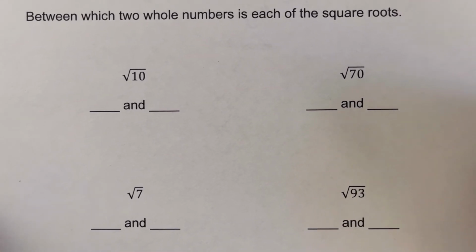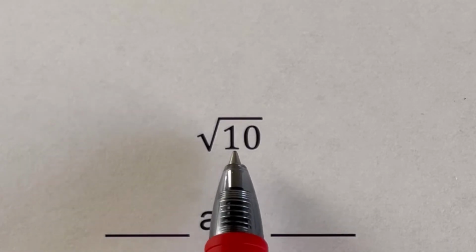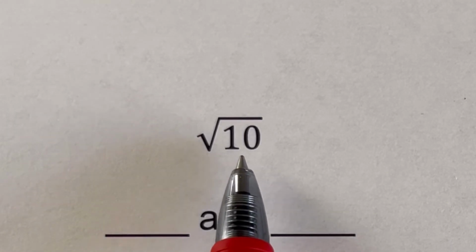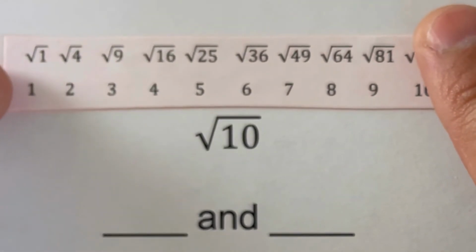So what happens if we are given a square root of a number and it is not a perfect square? How do we determine its value? How do we approximate its value? Suppose we have the square root of 10. Between which two numbers is the square root of 10 located? I have prepared here the first 10 perfect squares and their corresponding values.